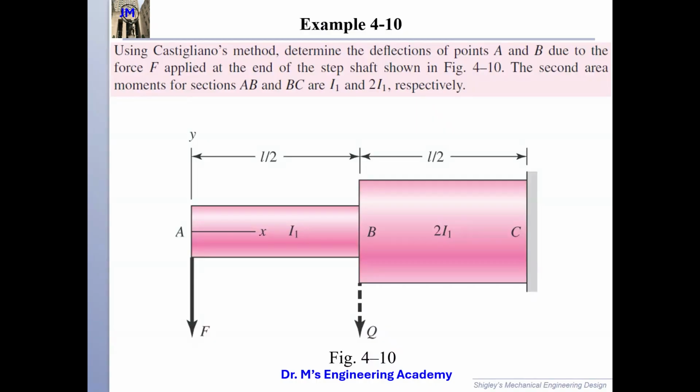So finally, delta B equals this part. For this part, I also set Q equals 0. So this equals 0, but I have Fx. Here dM/dQ equals this, so let me write this down: 1 over 2EI1, from half L, Fx, with Q equals 0, just get rid of it.